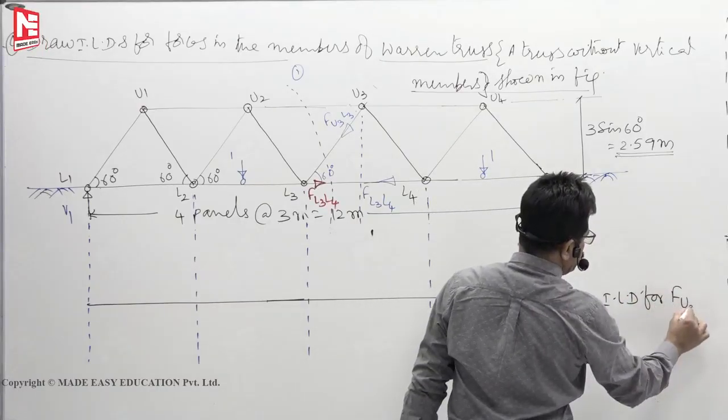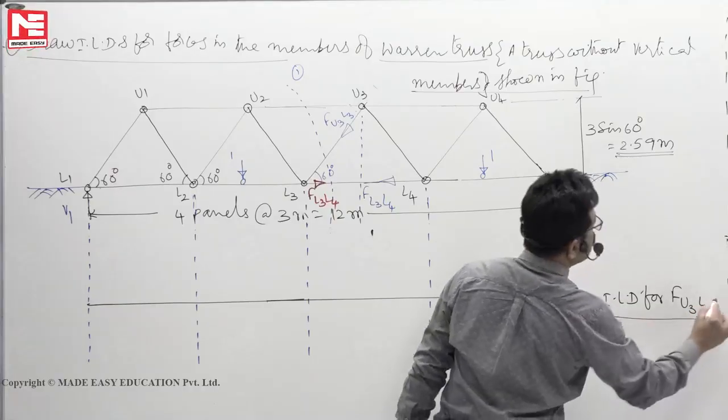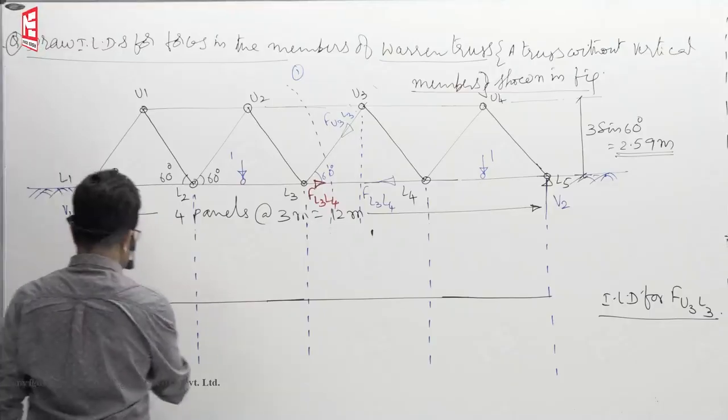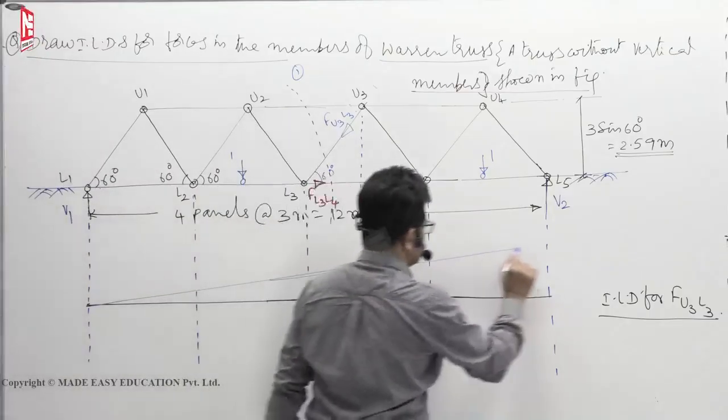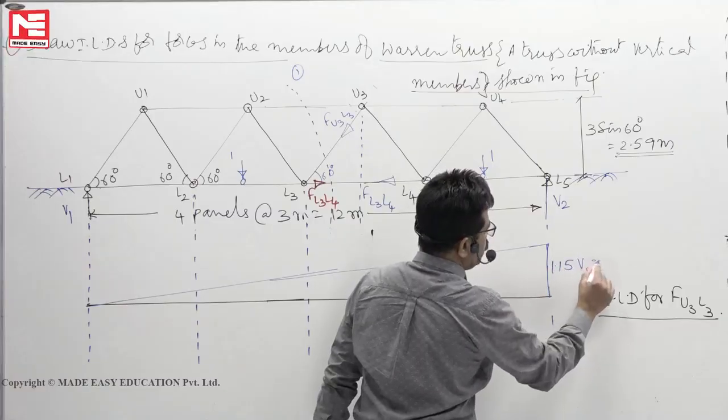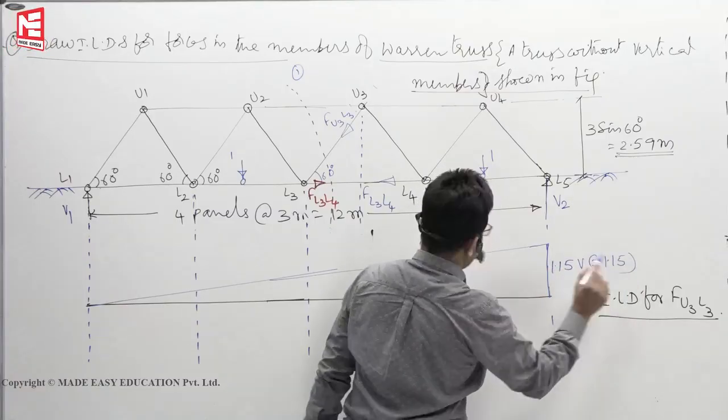ILD for FU3, L3. Tension means above reference line we have to show 1.15 V2, like this. V2 influence is only 1. So this way.